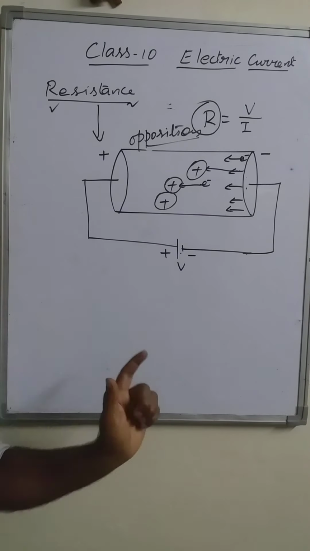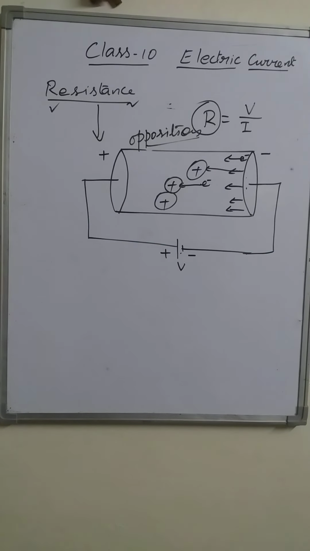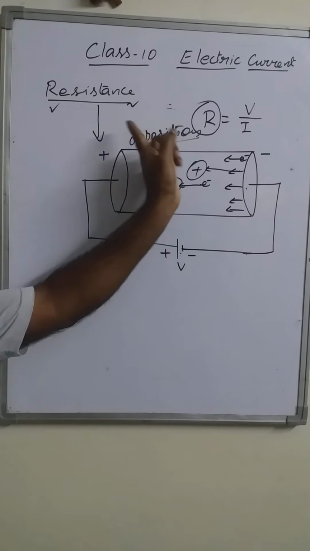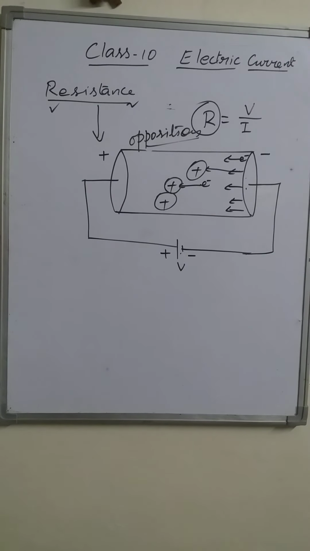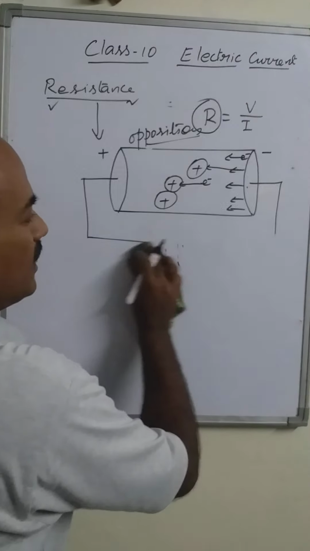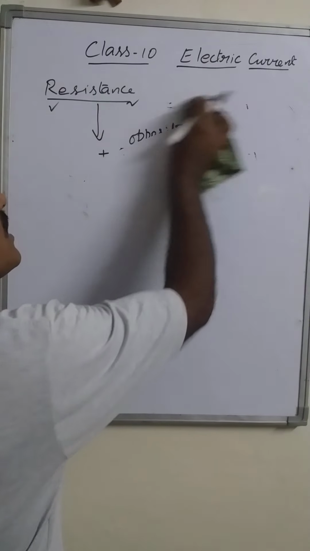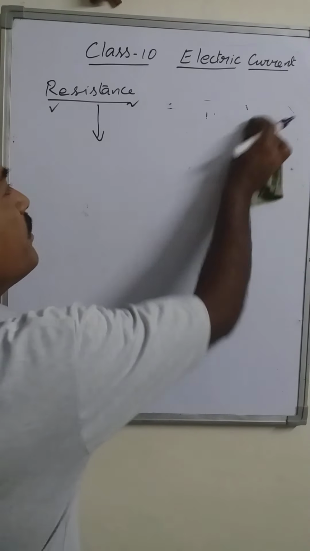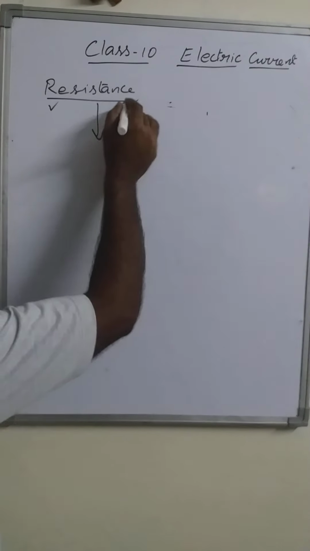Whenever we try to flow electric current through any conductor, the opposition appears, meaning the resistance is present. So we can say the resistance is the fundamental property. The resistance is the inherent property of every conductor with which it opposes the flow of electric current. That is the resistance.